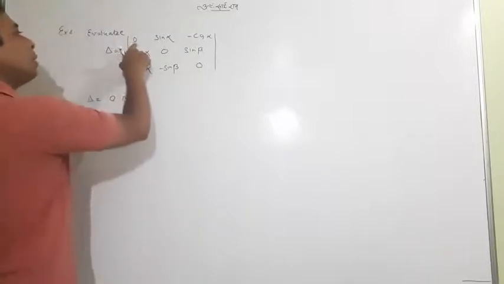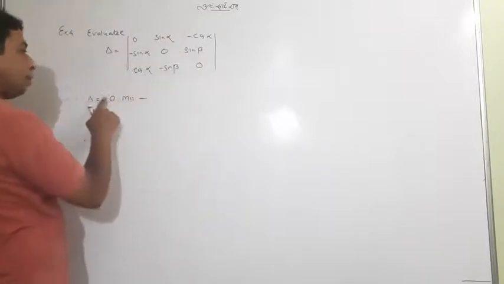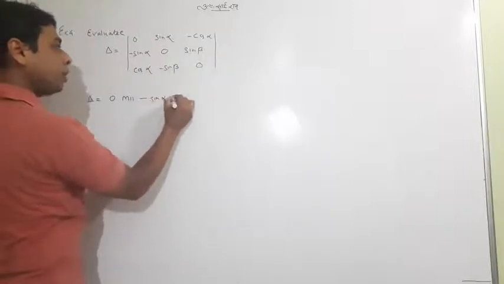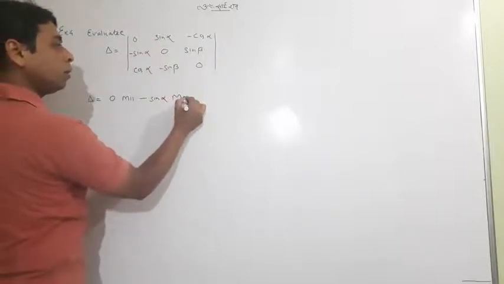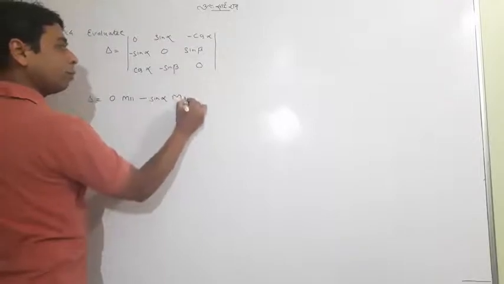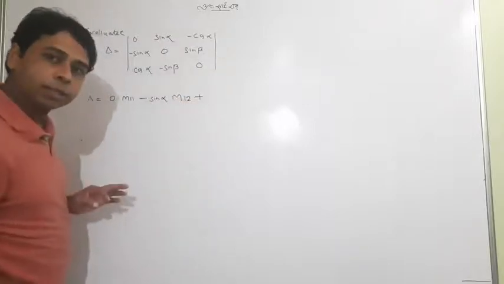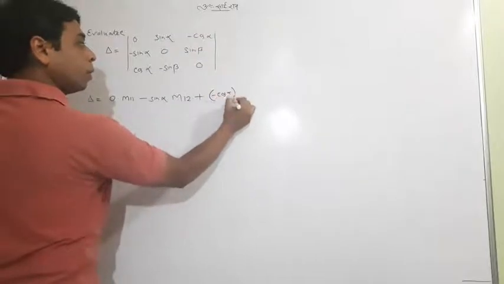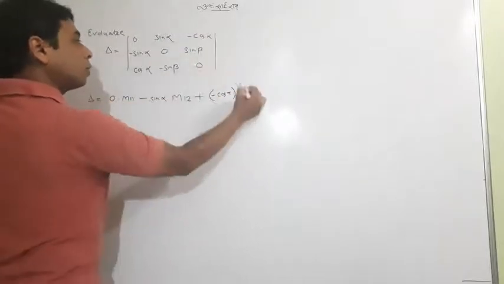So plus minus plus, keep in mind. Plus, minus sin alpha, its minor first row second column, then plus minus cos alpha, its minor first row third column.